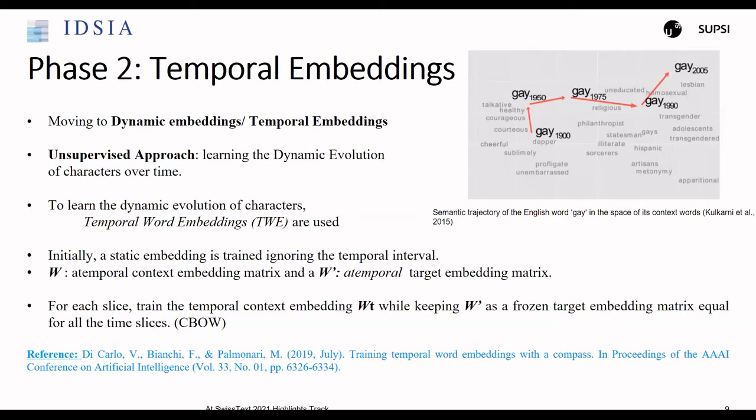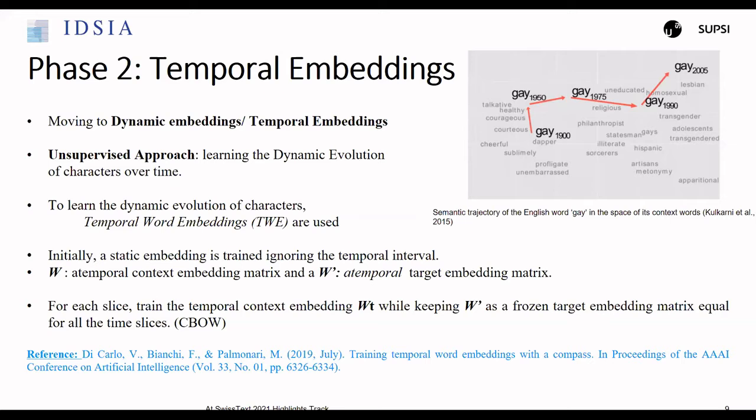For example, you can see the figure where the semantic trajectory of the English word "gay" is shown over different timestamps. In earlier centuries, it was more related to words like cheerful and courageous, while in the new century, it's more related to homosexual or lesbian. So temporal word embeddings could track the change in the semantics of a word across different time periods.